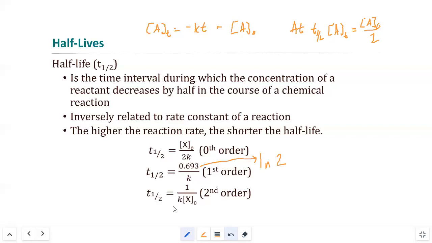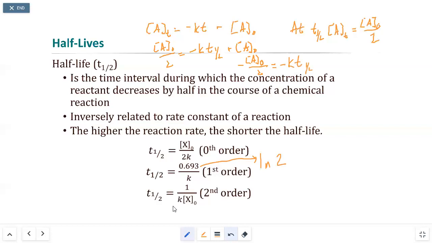So if I substitute that in, and subtract each side by the initial concentration, I would get negative A0 over 2 is equal to negative K t 1/2.